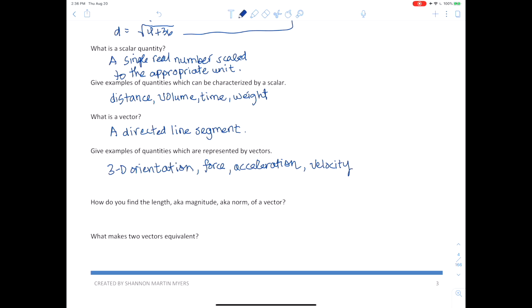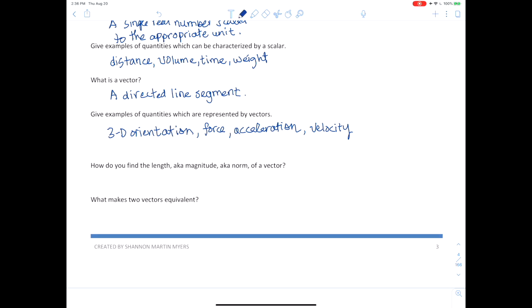So now, like I said, how would you find the length, also known as the magnitude, also known as the norm of a vector? I often end up saying magnitude. I think in linear algebra, they typically say length or norm. So basically, your distance formula is one way to think about it.